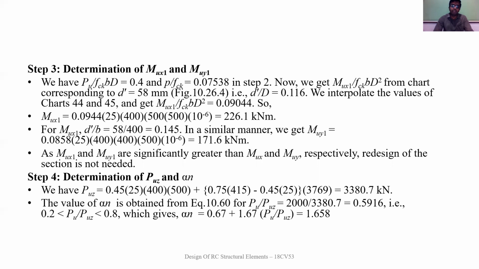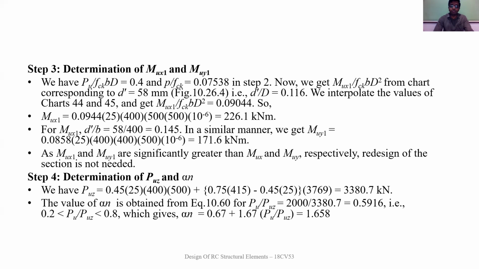In the similar manner, we get Muy1 as 171.6 kilonewton meter. Mux1 and Muy1 are significantly greater than Mux and Muy respectively. Redesigning of section is not needed because the provided section has got higher moment carrying capacity.